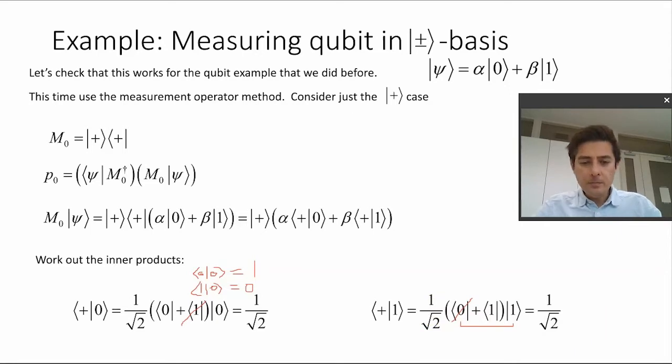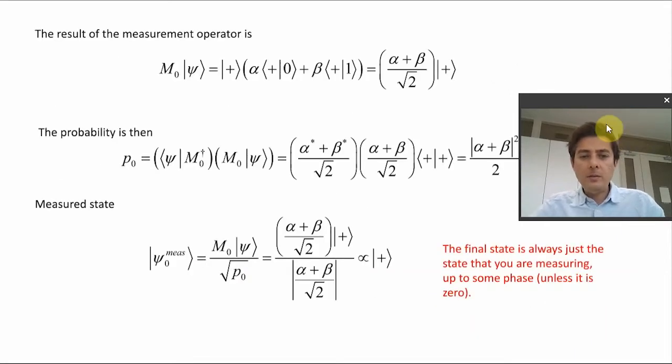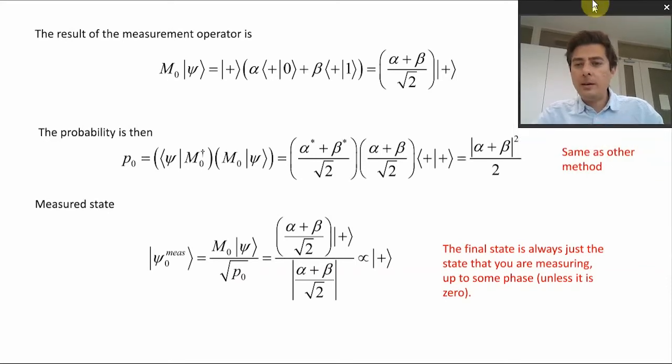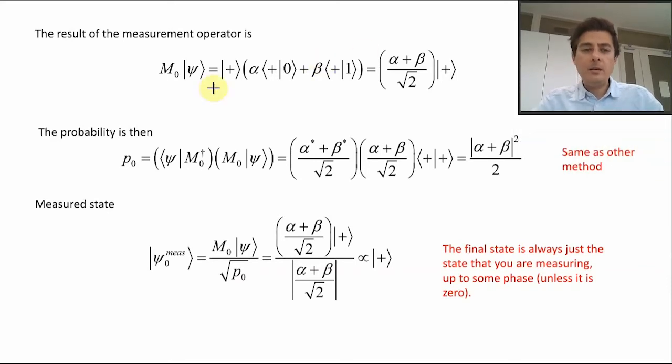Okay, so now we can work out what the state is after the application of M0. So we've got that thing there, which I just copied from the previous page. Both of these inner products were 1 over square root of 2. So the new state is alpha plus beta over square root of 2.